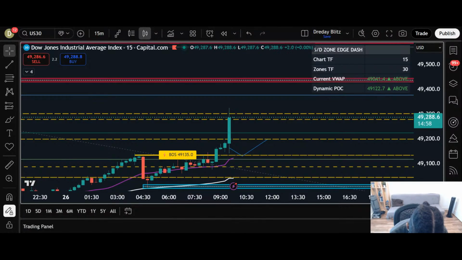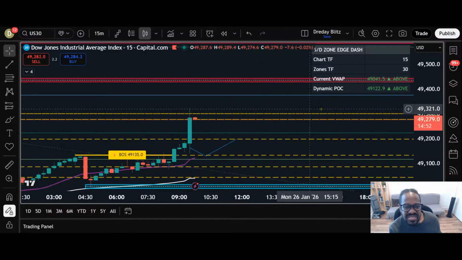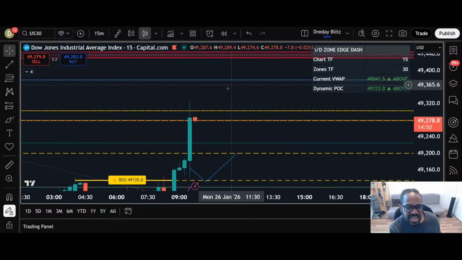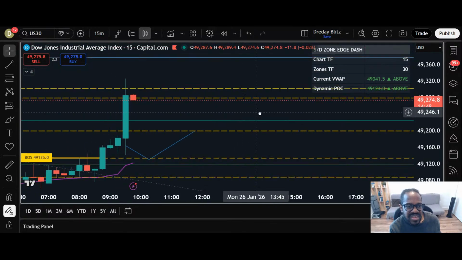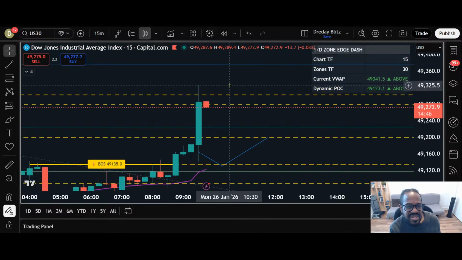I'm pretty sure that this candle will retrace, will pull back. So 945, let's see how this candle will go.